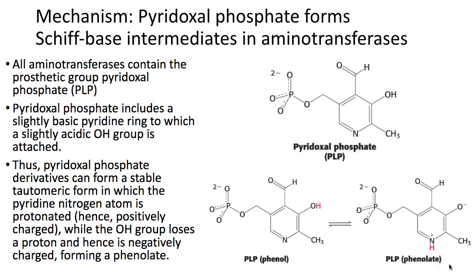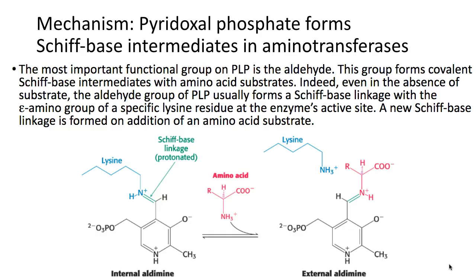And so once it gets to this form, there is another enzyme that has a lysine amino acid residue that forms a Schiff-base linkage to the PLP, to the phenolate, excuse me.